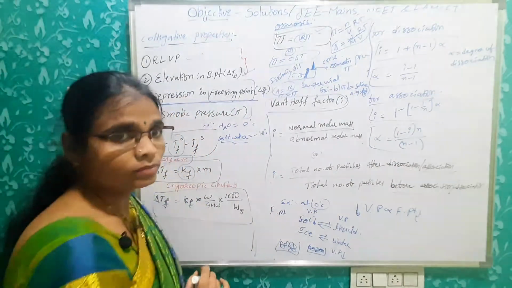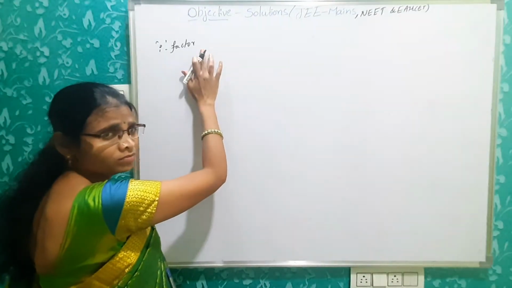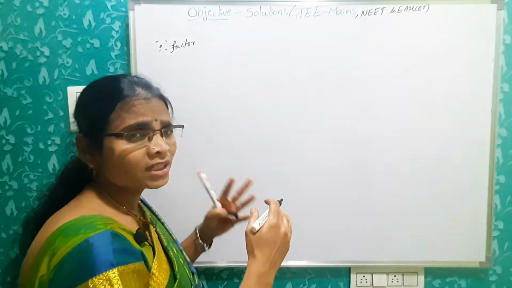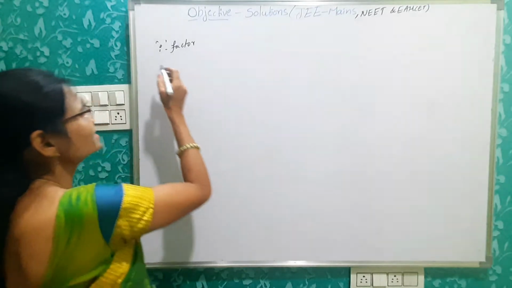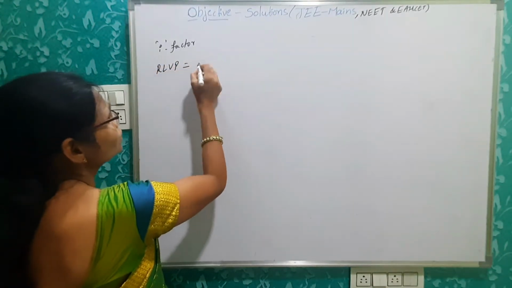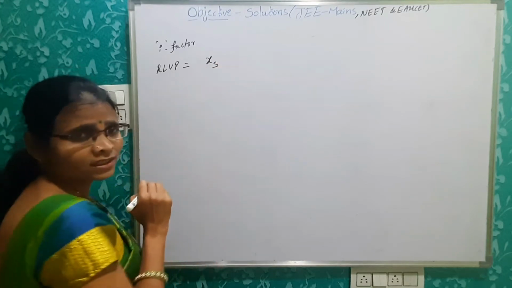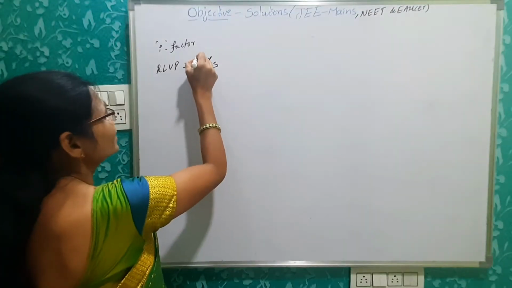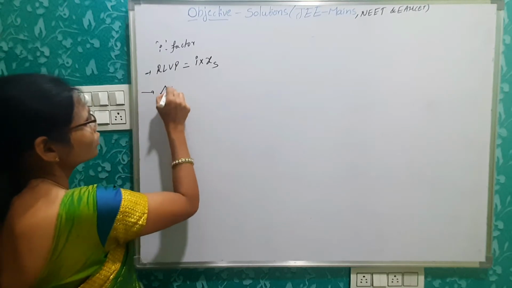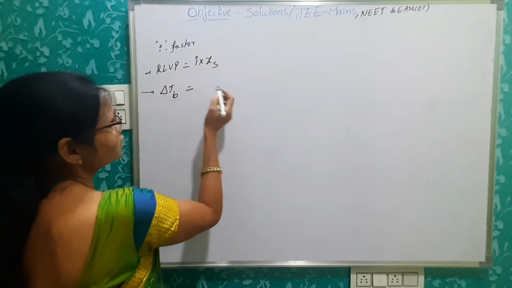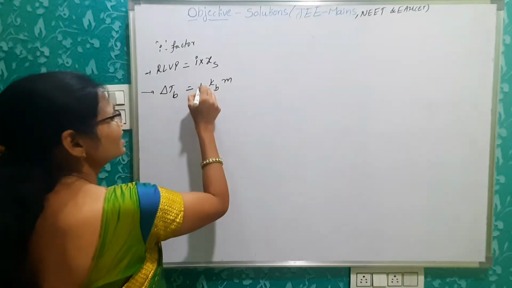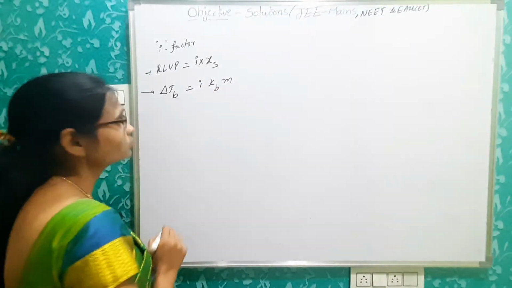Clear? After introducing the i factor, the formulas of colligative properties can be modified. Relative lowering of vapour pressure is actually X_S, but now into the i factor. Elevation in boiling point is Kb into molality into the i factor.